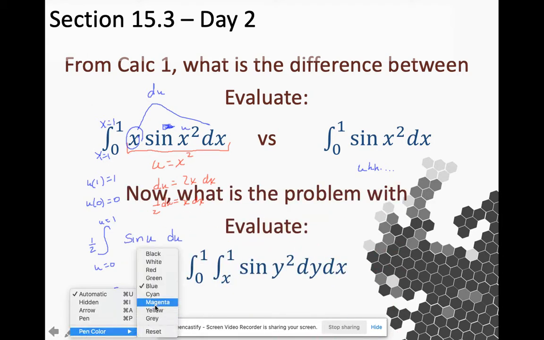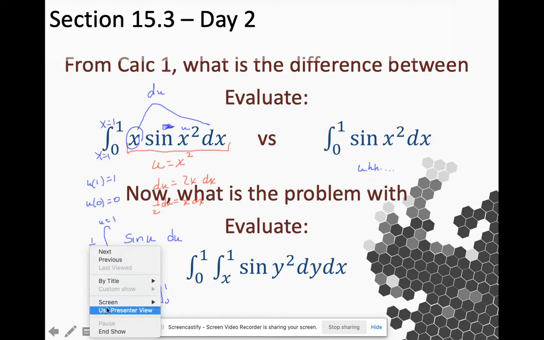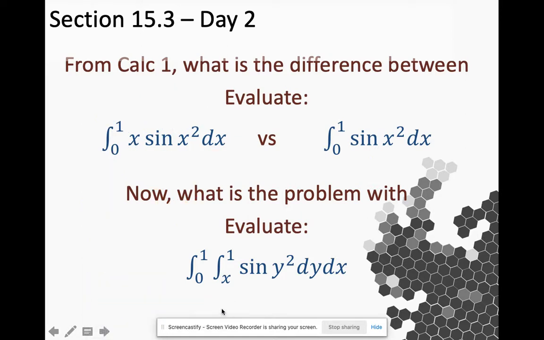So look at this one now. I'm going to make a correlation now to Calc 3 or MVC, right? Look at this problem. This problem is asking me to integrate, and I've just got sine of y squared. Now remember what these represent.